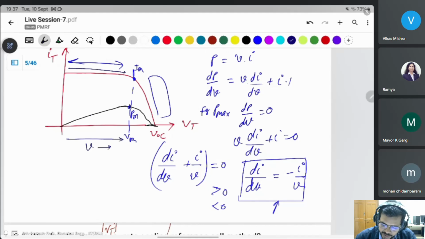That's why if dI by dV is calculated against I by V, then at the left side this will be less than 0. It means the whole thing is negative, and after this it will be positive. Oh, sorry, this is the left side and this is the right side.